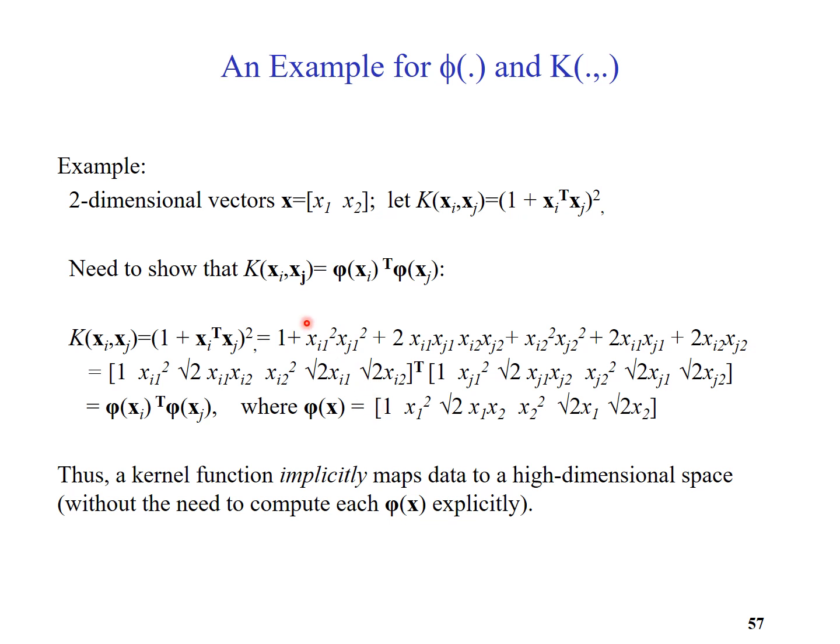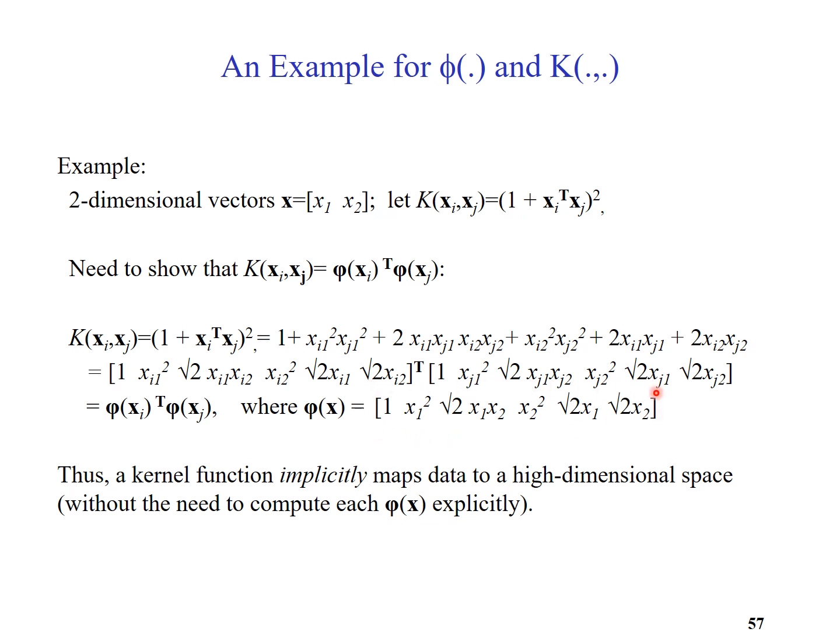Okay, so if you choose, for example, a polynomial kernel like this, then it actually maps the original data into this higher dimension. In this case, this 6th dimension, and the configuration of this higher dimension looks like this.